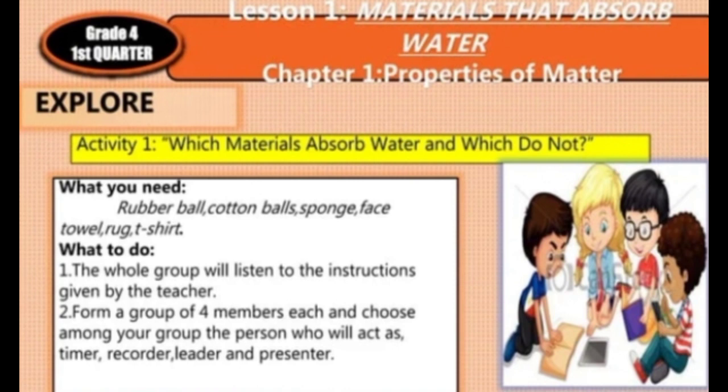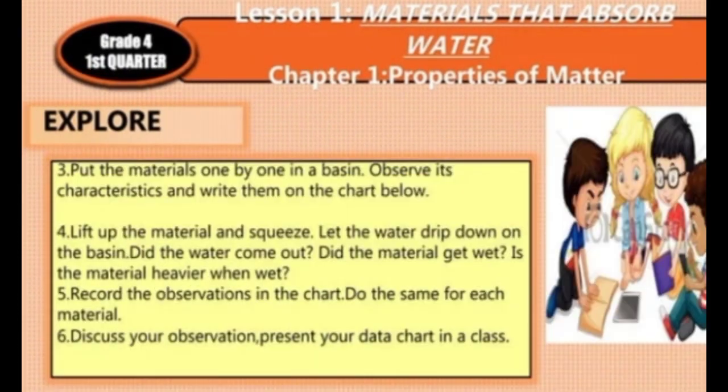Second, form a group of 4 members each and choose among your group the person who will act as timer, recorder, leader, and presenter. The third one, put the materials one by one in a basin, observe its characteristics, and write them on the chart below.